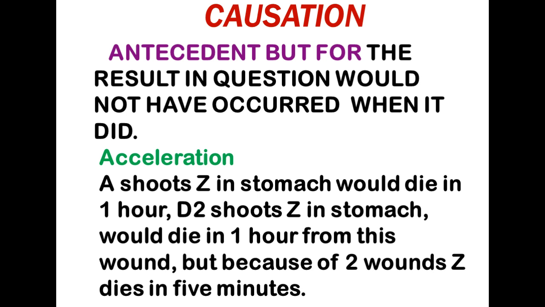In this instance, both A and D2 are said to meet the but-for test, and especially D2, because D2 and A both accelerated the death. You'll see this playing out in the case that we read, the Oxidine case.